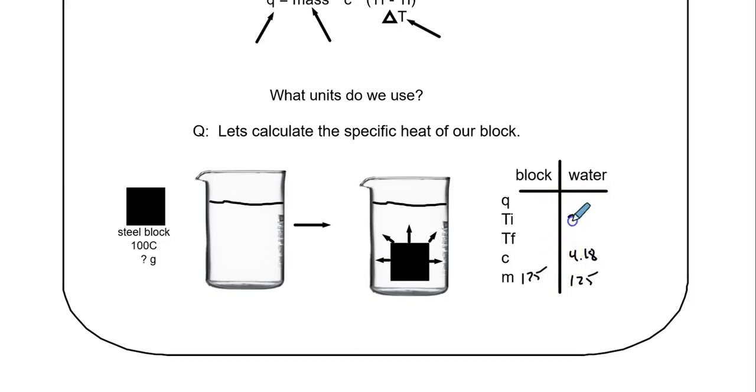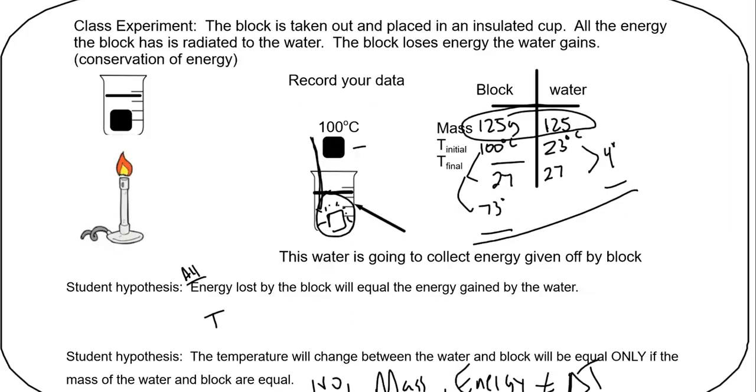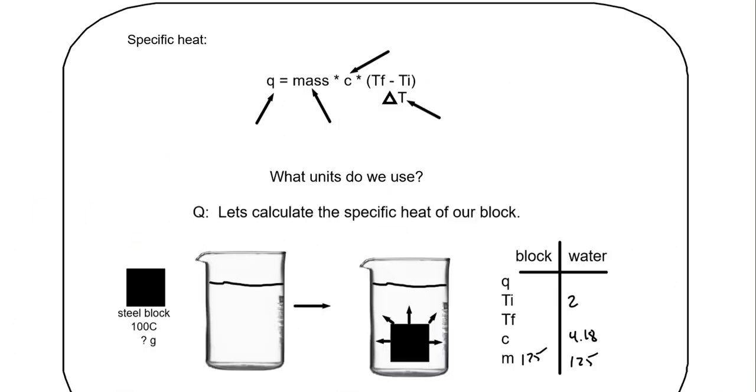The initial temperature was 23, and then it went up to 27. So that's a 4 degree difference. And this block went from 100 down to 27, which was a 73 degree difference.